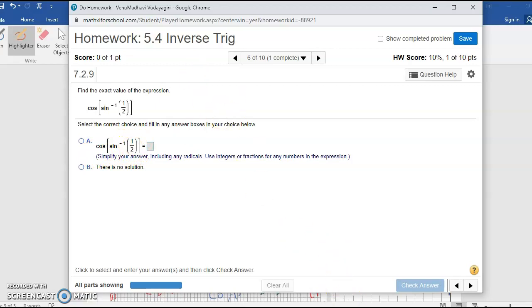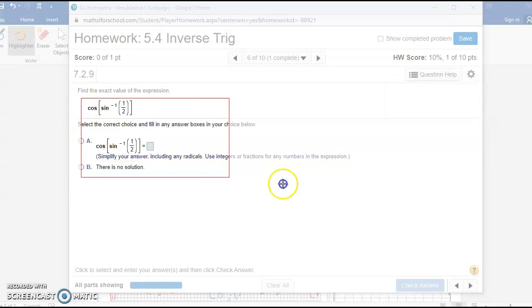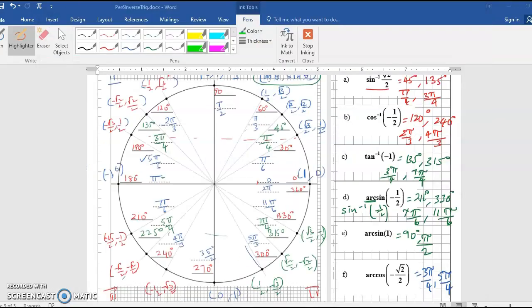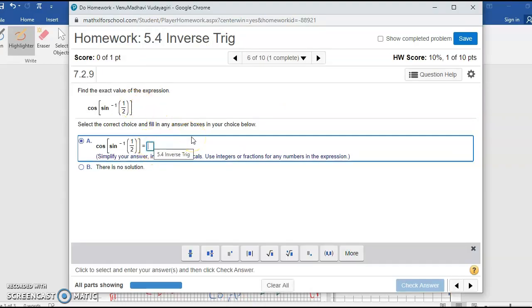So you're looking at cosine of pi over 6, the corresponding x value for that, which is square root of 3 over 2. You can check with the unit circle if you want. At pi over 6, it is half and root 3 over 2. Right? So let's enter our answers.